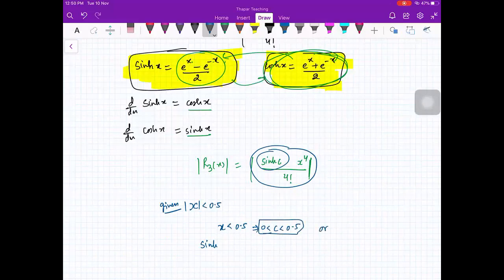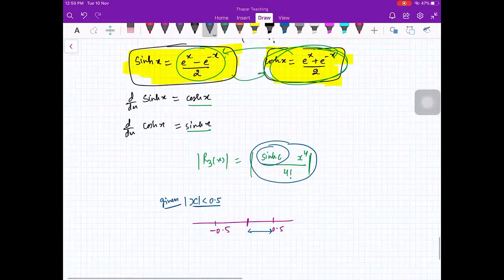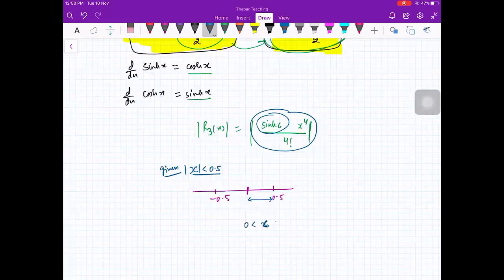Because x is less than 0.5, if you want to compute it exactly, this is the situation that your x is between minus 0.5 and 0.5. So x can be anywhere. If your x is here, then you have c between 0 and 0.5.